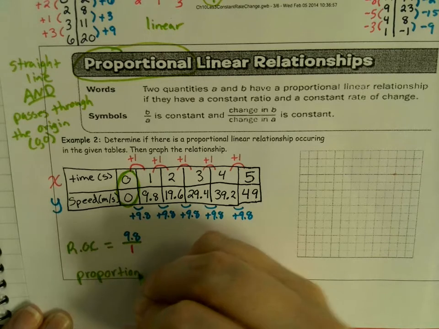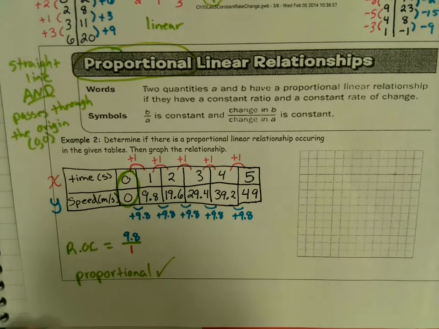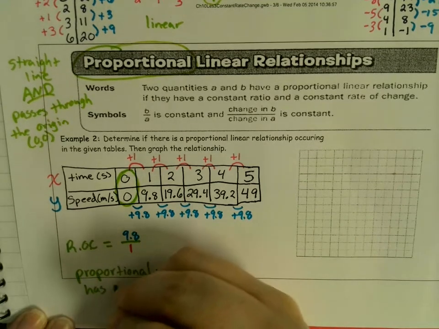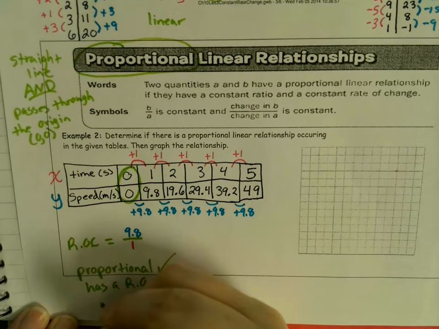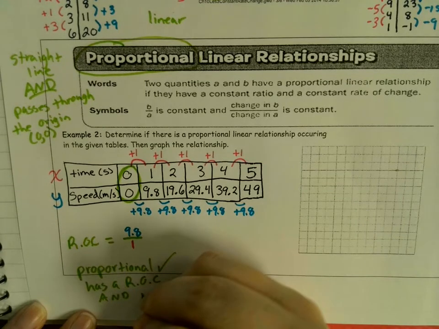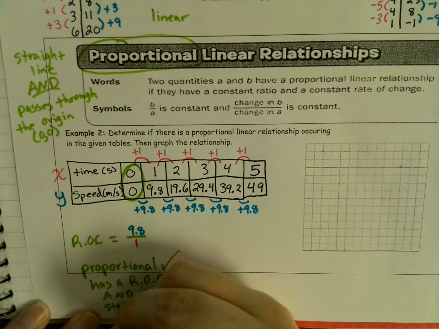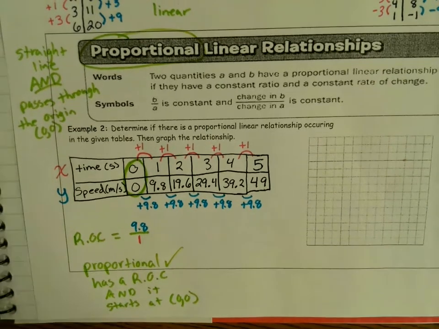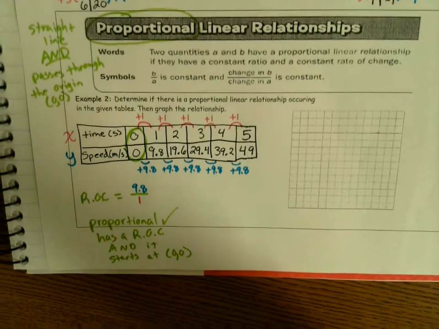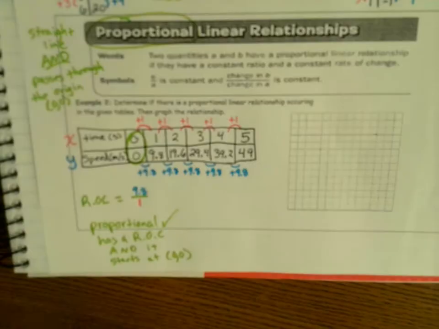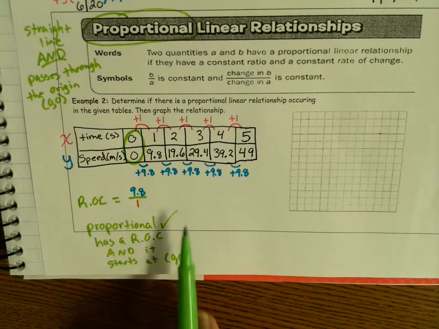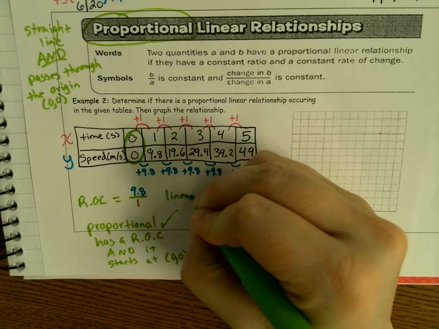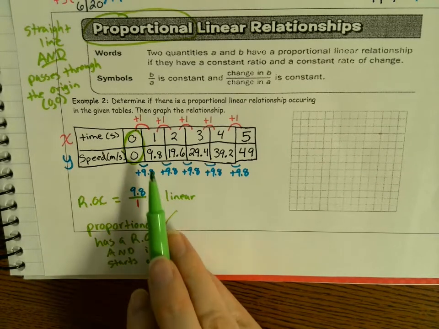It is a proportional relationship because it has a rate of change, and it starts at the origin, 0, 0. So it is going to be a proportional relationship here. It is proportional because it's got that rate of change, which means it's straight. It is linear. And it's going to pass through 0, 0 or start at 0, 0.